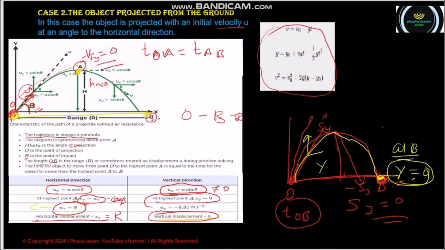At this point we have v final across x and v final across y, and initially we have the initial velocity v naught.